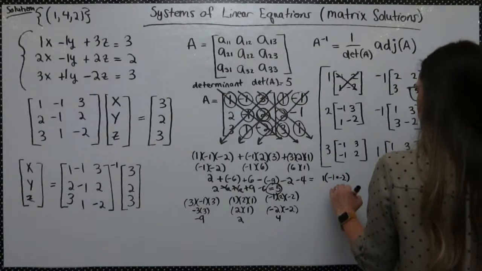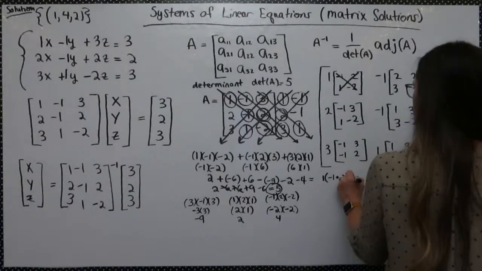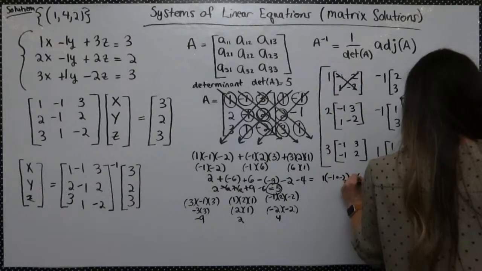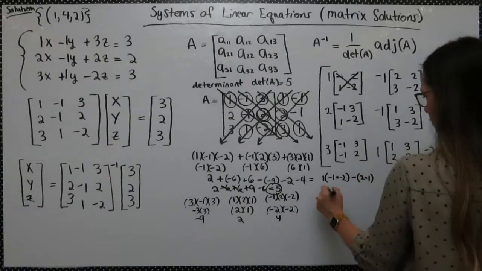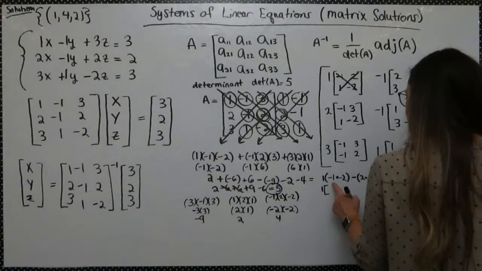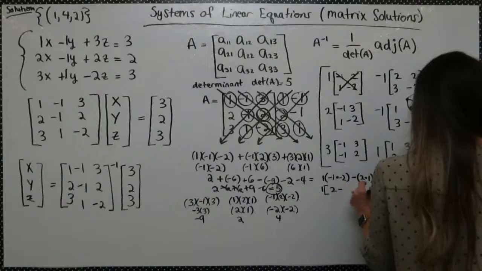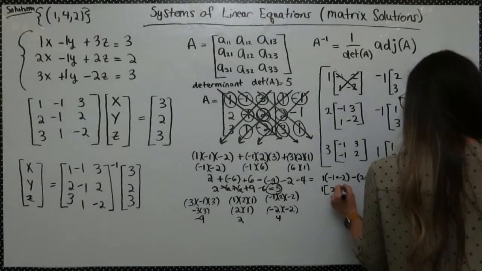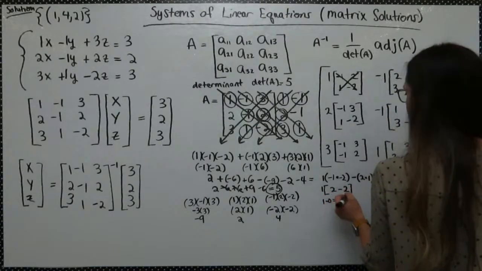So we're adding this one and then subtracting 2 times 1. So we've got 1 times all that. So I guess we're going to need a bracket. It's -1 times -2 is 2, and then minus 2 times 1, which is 2. So that's 1 times 0. So this first entry is just 0.